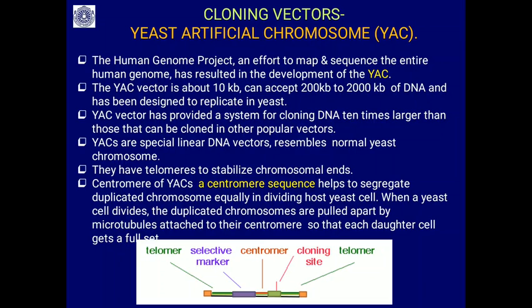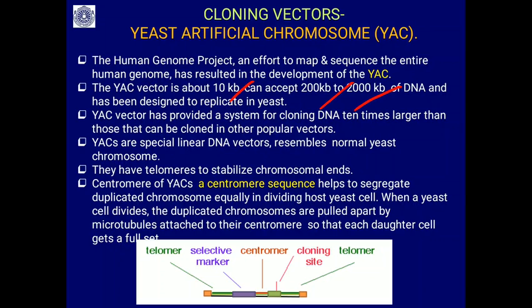This yeast artificial chromosome vector is about 10 kilobase pairs in size and can accept, remember, 200 kilobase pairs to 2000 kilobase pairs. Such a big DNA can be inserted and replicated.